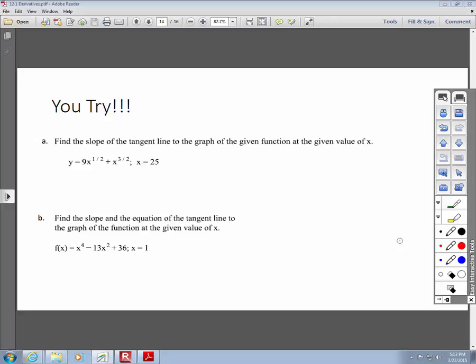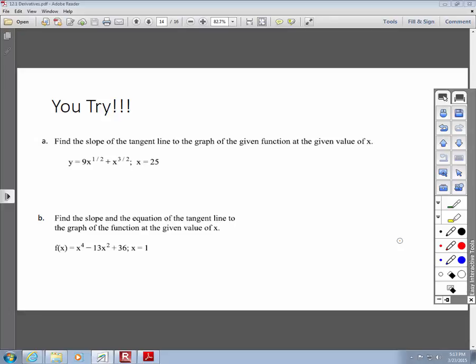Well, all you have to do to find y1 is plug the 1 into your original function. So y1 is equal to f of 1, which is equal to 1 to the 4th minus 13 times 1 squared plus 36.